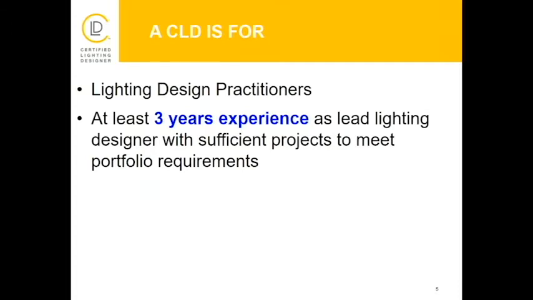So who is the CLD for? And roughly speaking, what do you really need to do to actually get one? Well, first of all, it's for anybody who's working in the area of lighting design. If you're a lighting design practitioner, then this is designed for you. Now, we've put in a limit of 3 years experience as a lead designer with sufficient projects to reach the portfolio requirements.